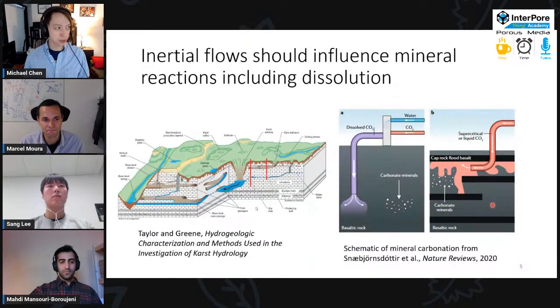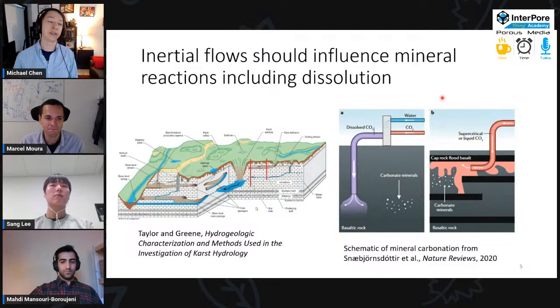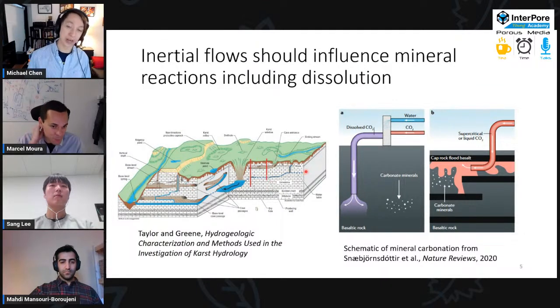However, most natural chemical reactions invoke mineral reactions, especially something like dissolution or precipitation, right? And we can think of a lot of different spaces where this is common. We can think about the evolution of natural landscapes where dissolution shapes things like the processes of karstification or weathering of other minerals.